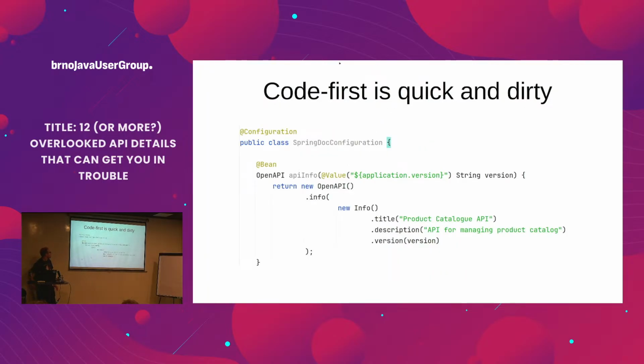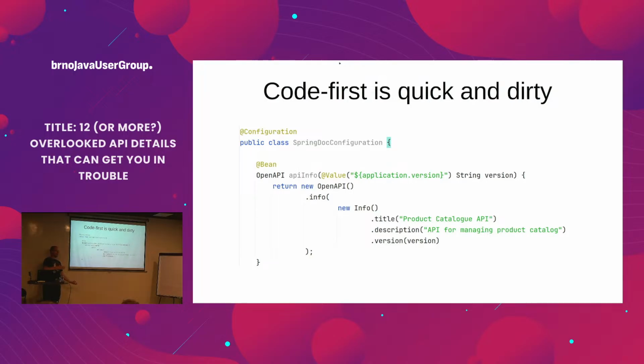Sometimes we even need to do it totally separately, and then it's very easy to forget about this. And when we want to change something, we always have to think about what will happen. I forgot to say that usually we do this because we want to generate the OpenAPI document from our code.